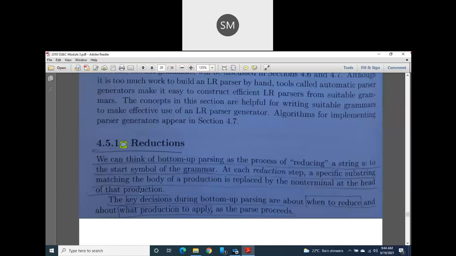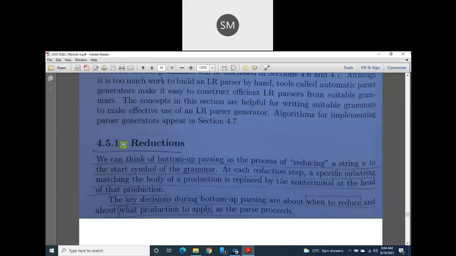And the very important decisions you have to take are when to reduce and what production to apply, which means to which non-terminal I have to reduce. If you consider any substring from your string and search for it on the RHS of your grammar, and it is present, then you can reduce it to the LHS.